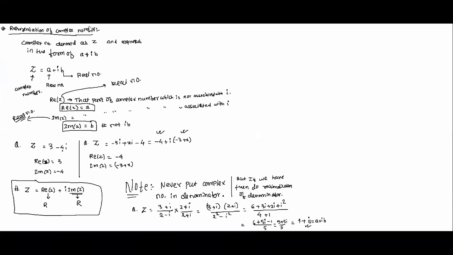What is the real part of any complex number? What is the imaginary part of any complex number? Okay. Now suppose I have a complex number z equal to 3, just z equal to 3, and I am asking you what is the real part of z here?